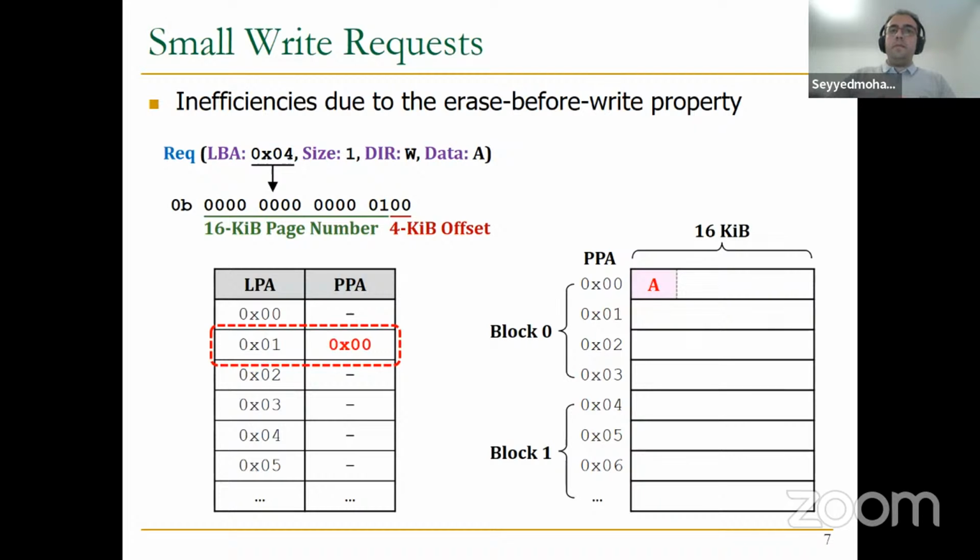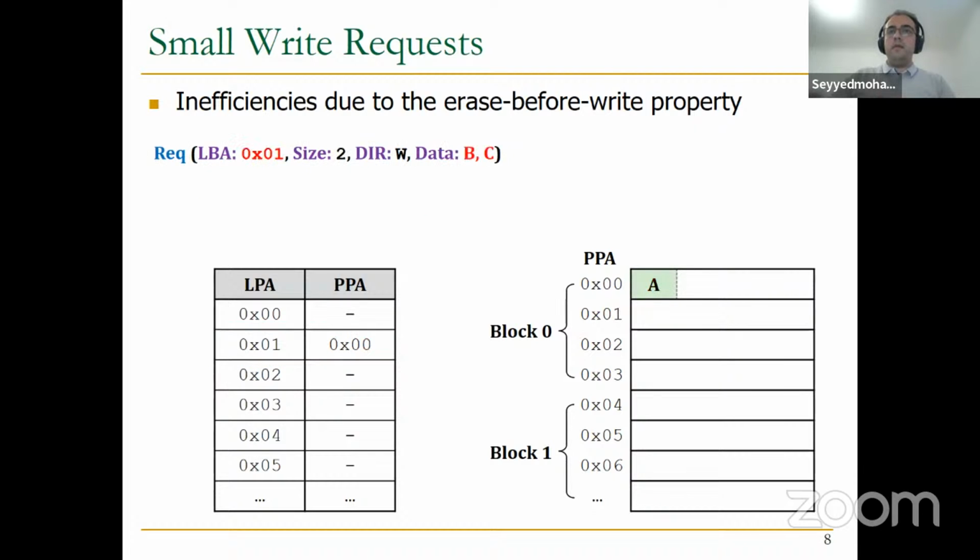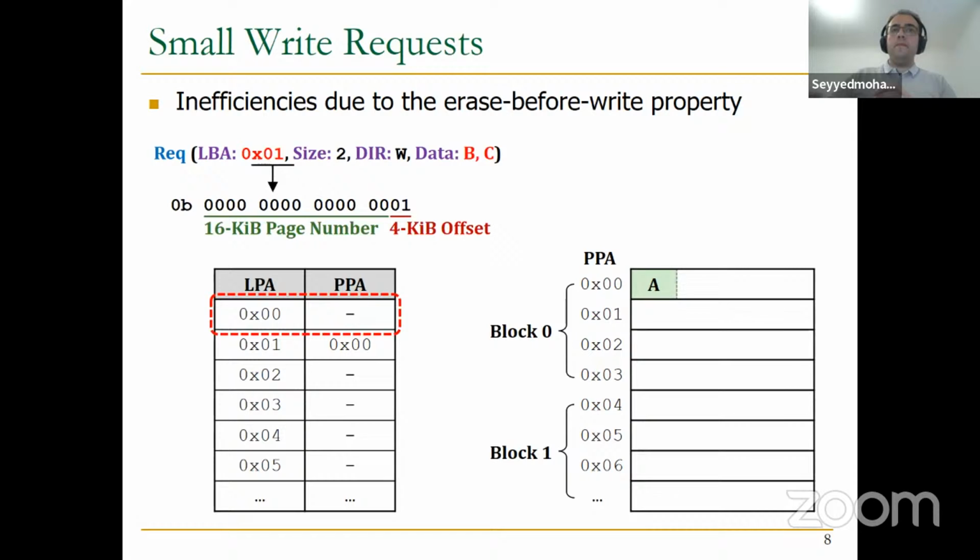And then we keep the metadata of that physical page address here. The next request is logical block address 1, and the size is 2. So we want to write 2 pages, 2 4 kilobyte pages, but the data is B and C. So when you write the logical block address in bits, you can see that the page number is 0, but the offset is 0 1, right?